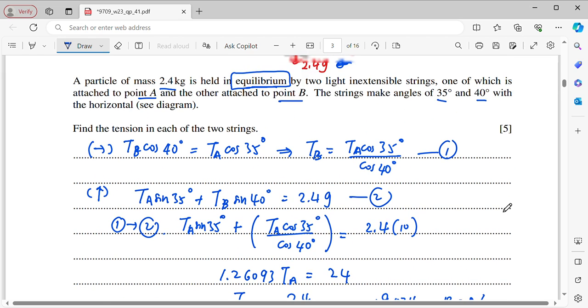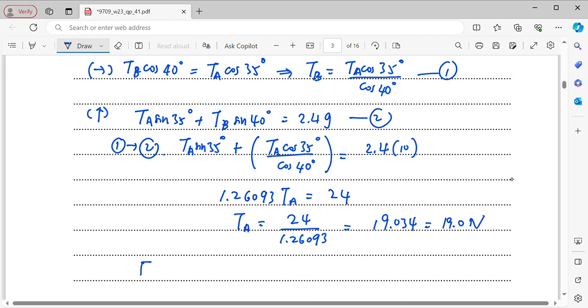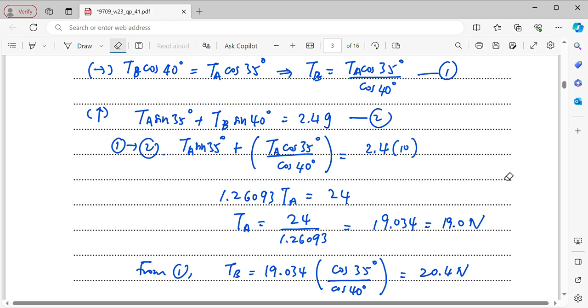Now for TB, just from the first equation, TB is TA, so I will write 19.034 multiplied by cos 35 degrees divided by cos 40 degrees. So this is going to be 20.4 newtons. So that's the solution of this question number 1.